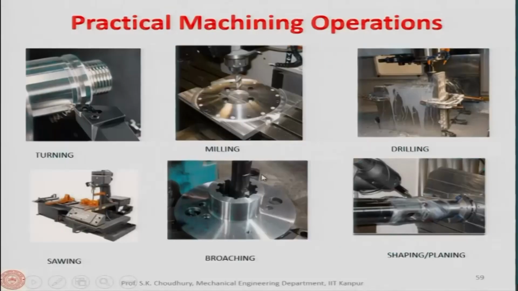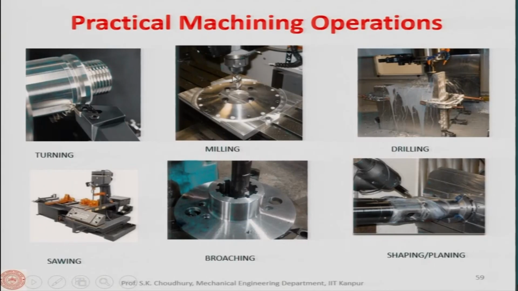Now, let us see the next topic: the practical machining operations. Here you can see schematic or pictorial views of some of the processes, which you will also see in the lab. This is, of course, turning, where you can see the tool and here is the workpiece.